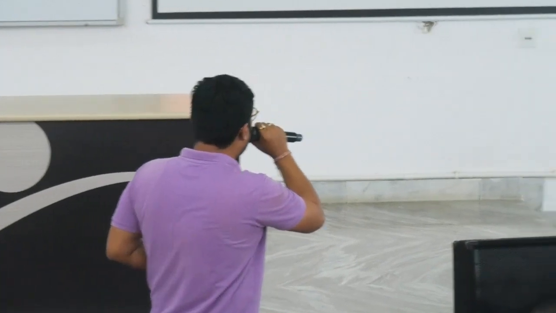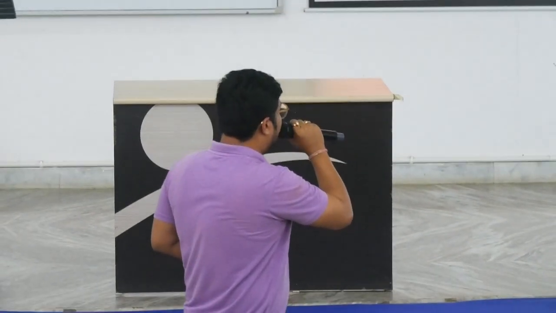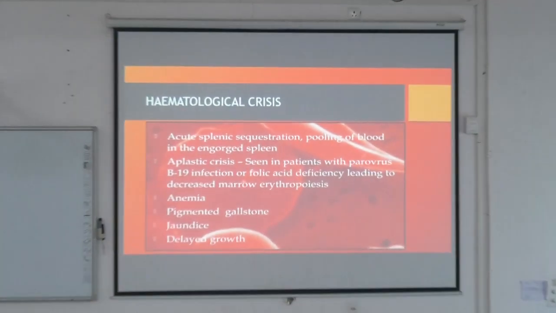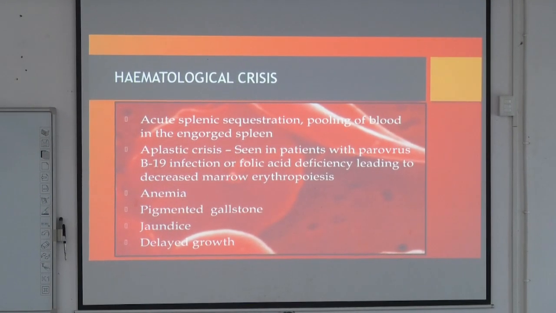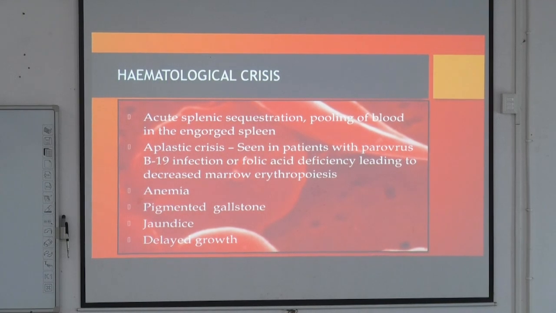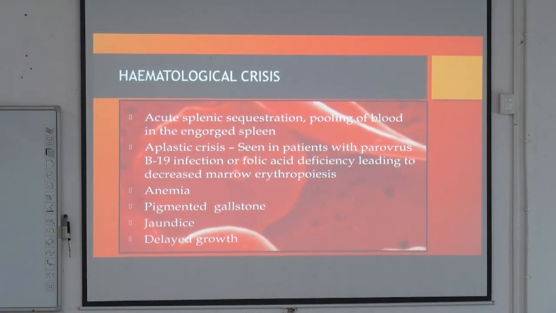avascular necrosis, liver and spleen, splenectomy. And hematological crisis: acute splenic sequestration, pooling of blood in the engorged spleen; aplastic crisis seen in patients with parvovirus B19 infection, aplastic anemia, destruction of the bone marrow precursors triggered by infection.